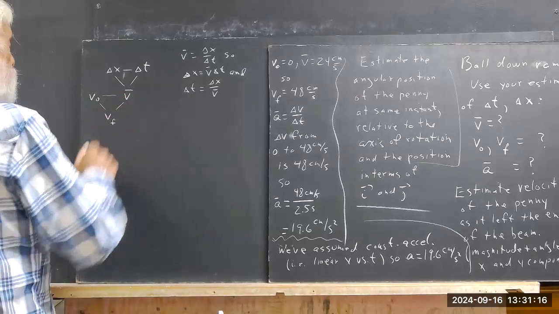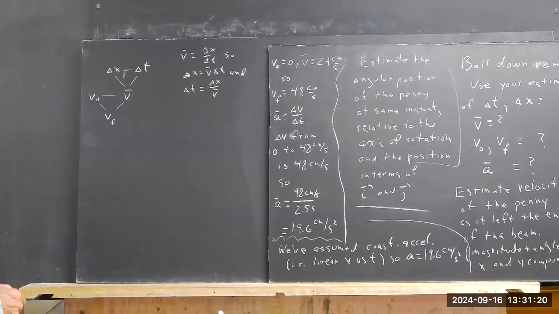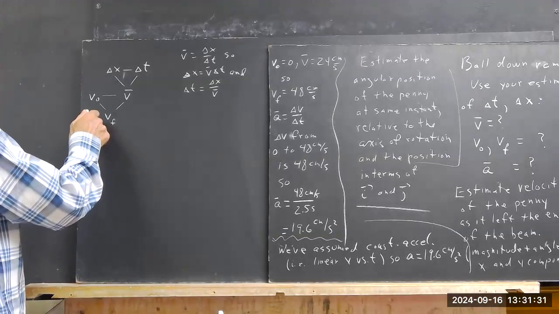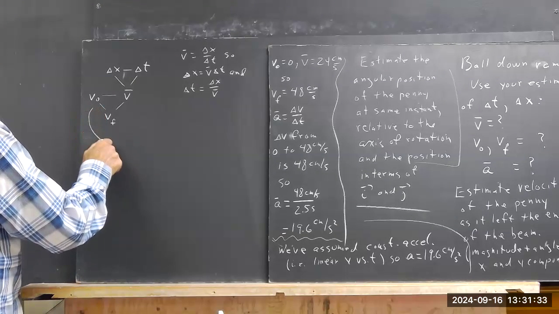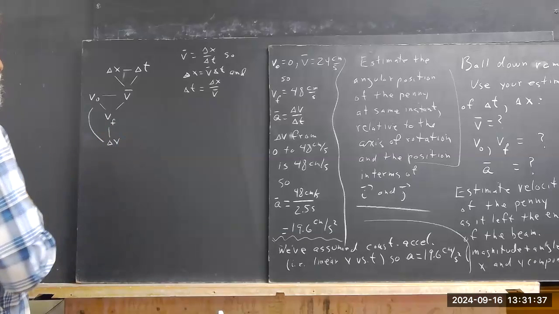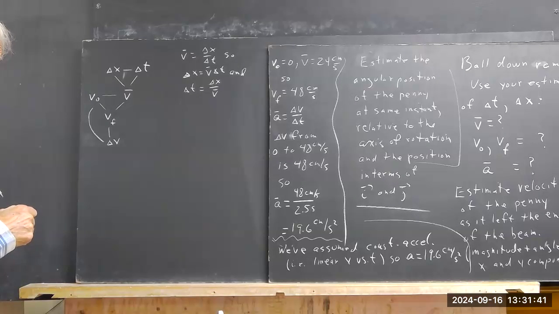So you kind of want to sort that out, then you can fill in steps on it. And then knowing V naught and VF, we can get delta V. Right?